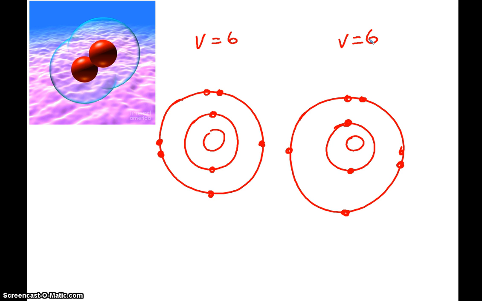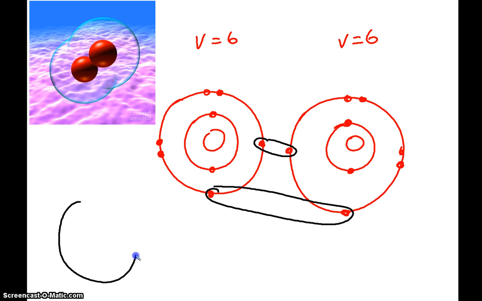Well, they've got 6, they'd like to get to 8, so they each need 2, but they also don't want to give up any of the ones that they have. So what will end up happening is they will end up sharing those unpaired electrons. And so what we get, if I show just the valence or outer shell electrons, is what's called a double bond.